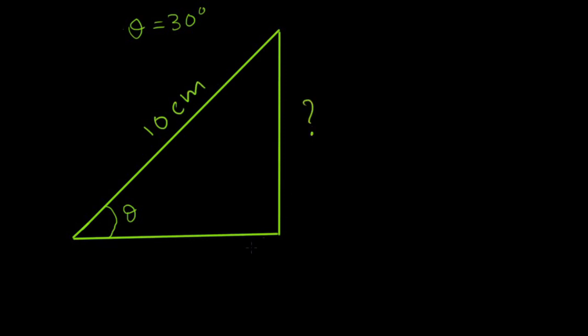We want to find out this side. So you may be wondering, we have all the information but it's a bit difficult. So I will show you how it is done.